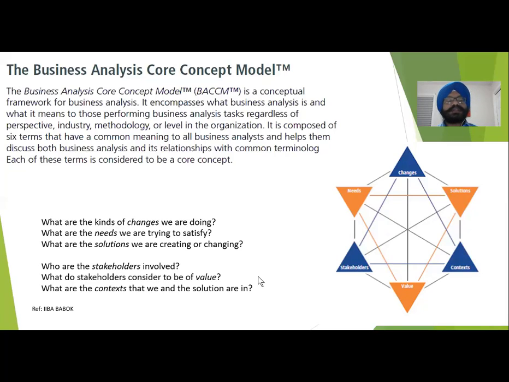They may be interested in something simpler or totally different from what we have done. So we should understand that there should be some kind of value which we are providing to those stakeholders. And what are the contexts? What exactly is the context? We need to understand the bigger picture also, where our solution is going to fit in.